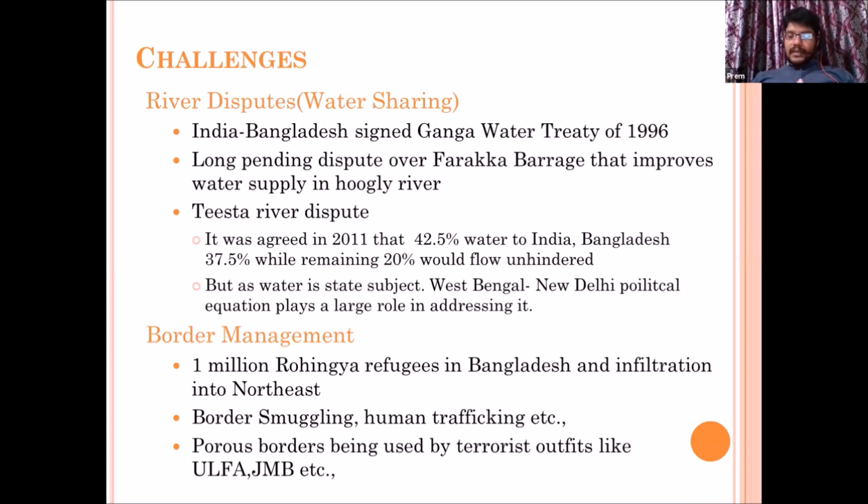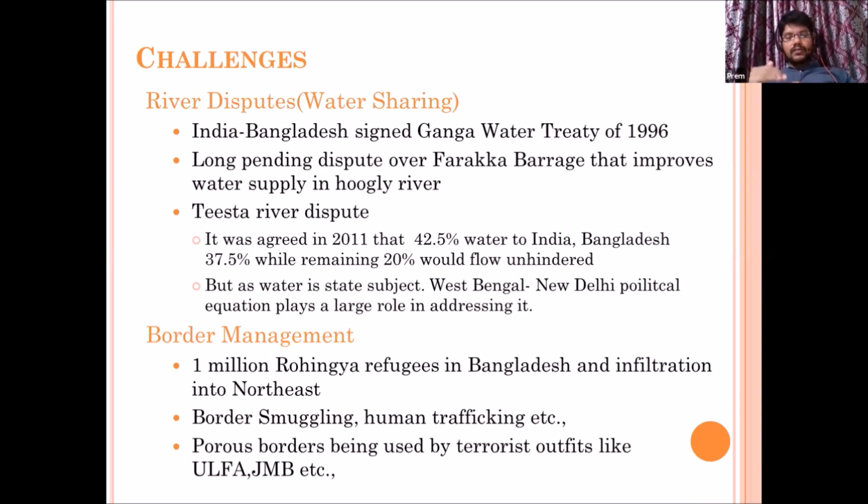Similarly, there were terrorist camps. You all know there are terrorist organizations in the northeast also. Those used to stay in Bangladesh, attack the northeast, and then go back. This used to be the previous phenomenon. So here also certain issues are there that need to be solved between India and Bangladesh.